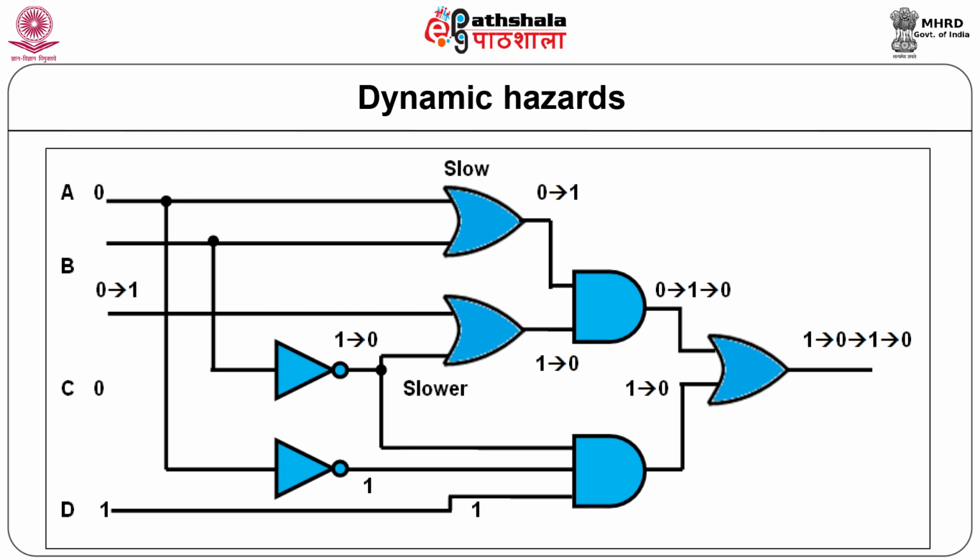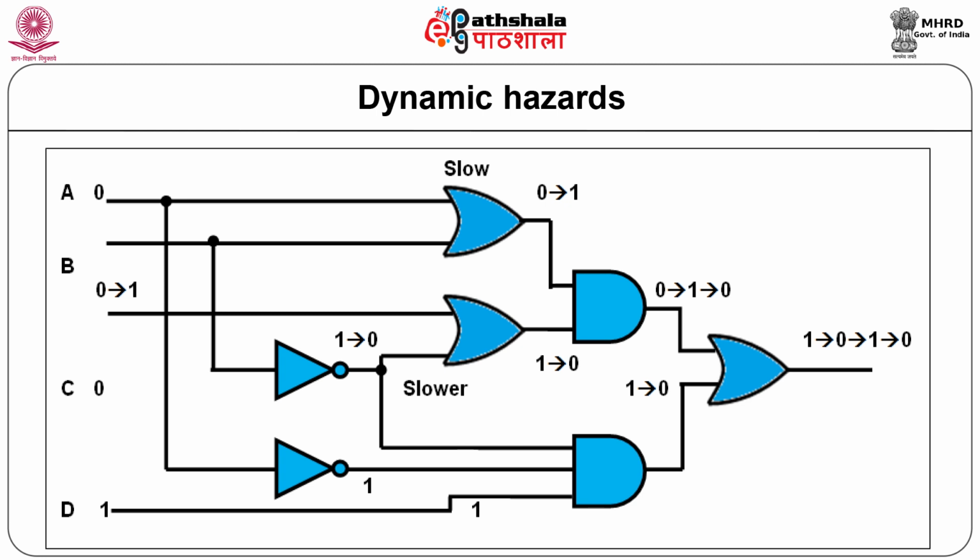It is a potential dynamic hazard. Here, changing output values differ from expected output. For example, a logic circuit is expected to change from 1 to 0, but instead it changes from 1 to 0 and then back to 1, finally switches to the correct value 0.